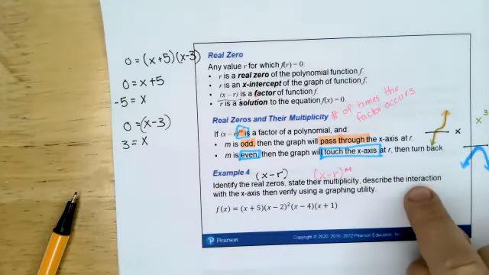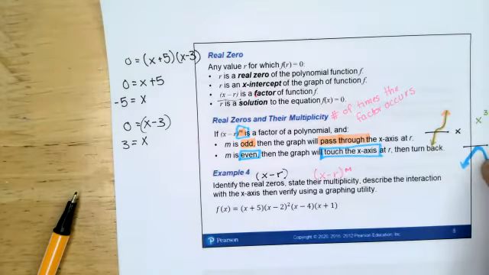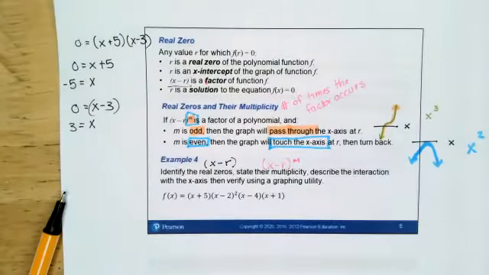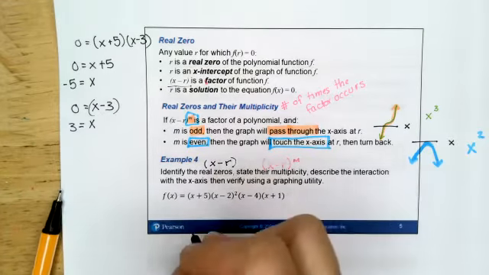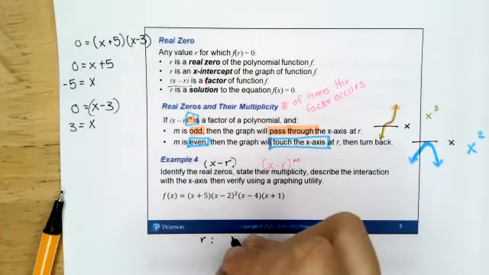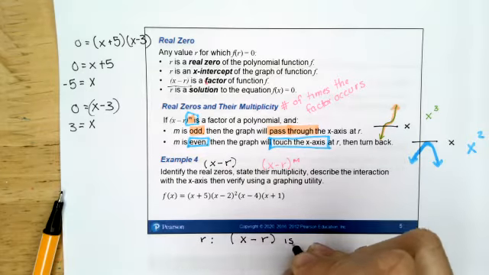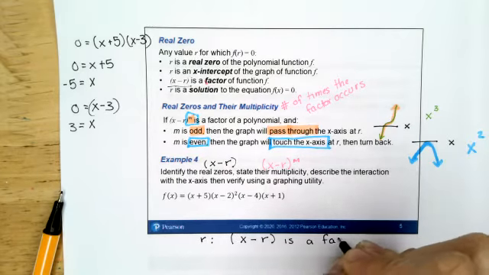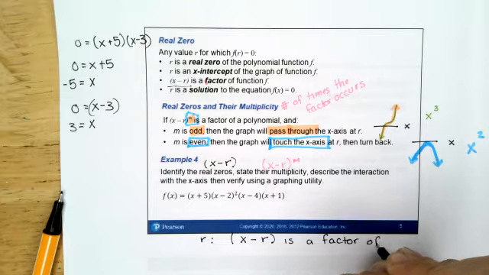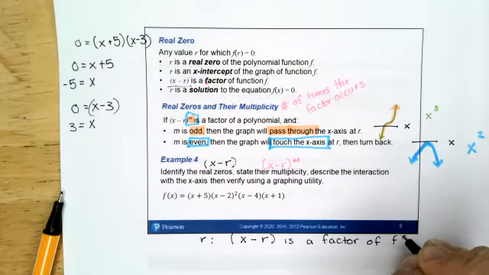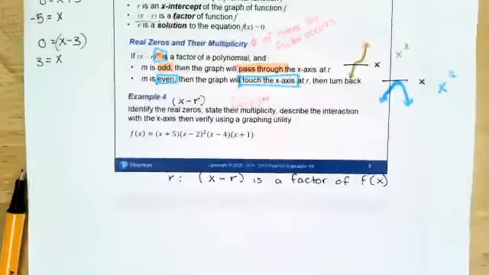And then describe whether that means that they pass through or touch. Okay, so the real zero: x minus that real zero is a factor of the polynomial function.